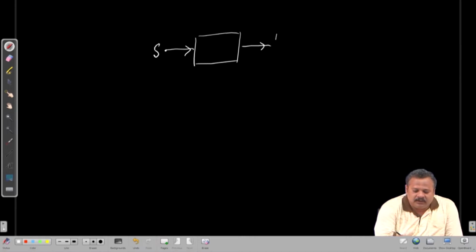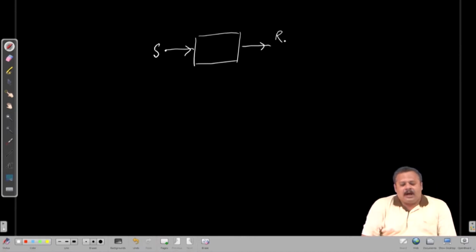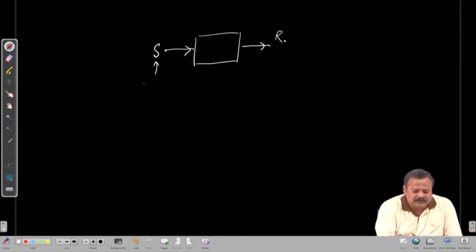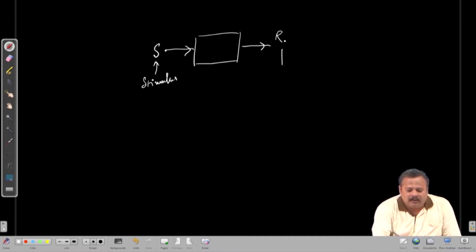If we go back to our black box model, we have the stimulus as input to the black box, and with a number of processing elements we get to the response. So our random variables are S, which is the stimulus, and R, the response.